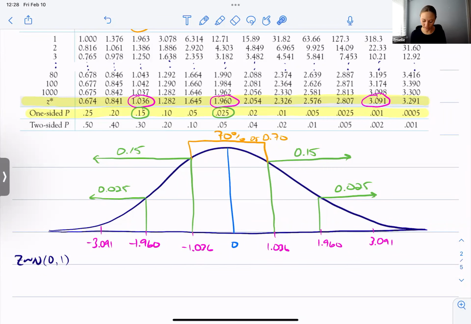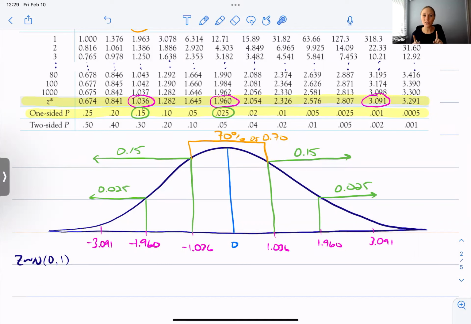Here the mean is the center, so everything is symmetric around it, right? On the lower end you have these negative values, so you're below the mean, and here you have these positive values on the right hand side, but it's exactly symmetric around 0.